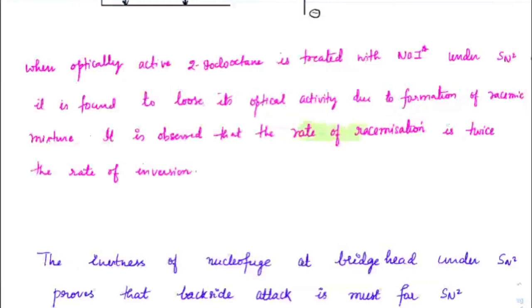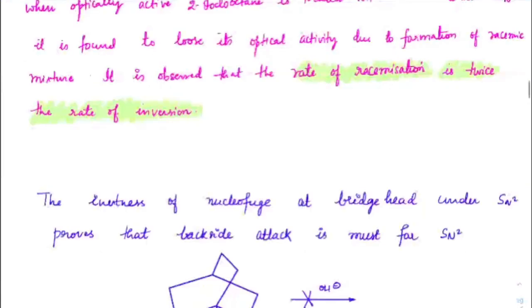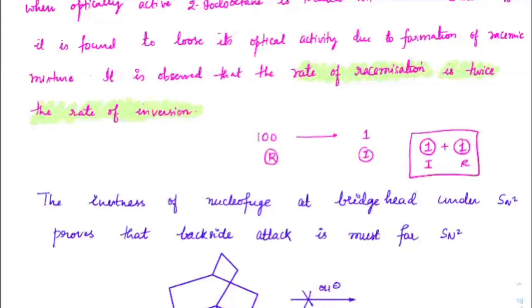Reason being, suppose you have 100 molecules, and one molecule has changed to inversion from retention. For a racemic mixture, one from inversion and one from retention will together form a racemic mixture, right?